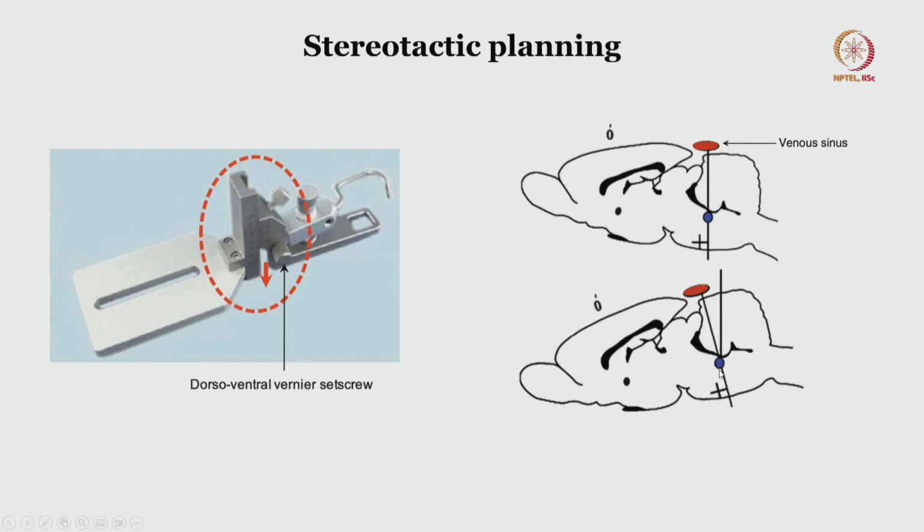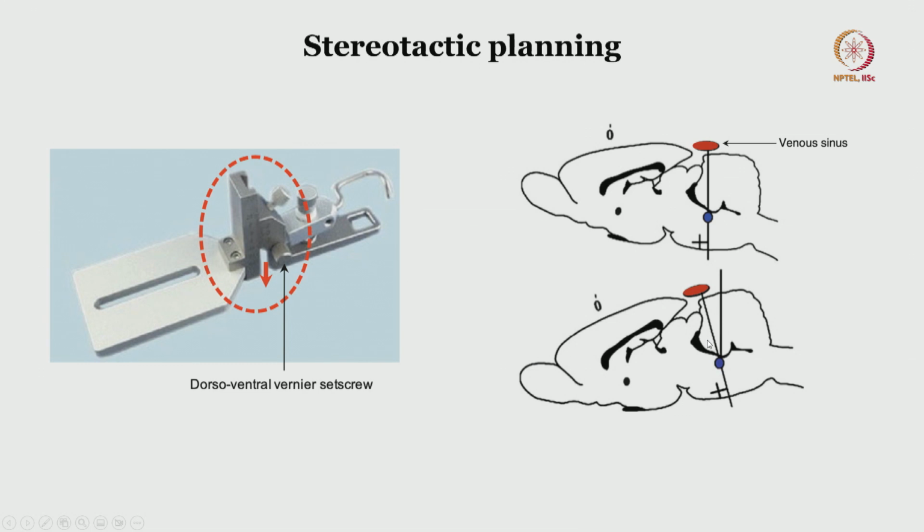The beauty is that the target shift does not happen much when you change the entry point, but of course, the depth will change, and this calculation of a different depth has been covered in the previous session, wherein you use the right angle triangle and use your cos alpha function, take the hypotenuse and adjacent side and calculate the new trajectory length. So, once you have a new dorsoventral length, you use that and then approach the trajectory.